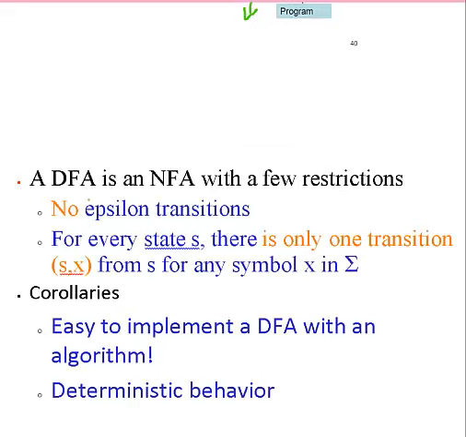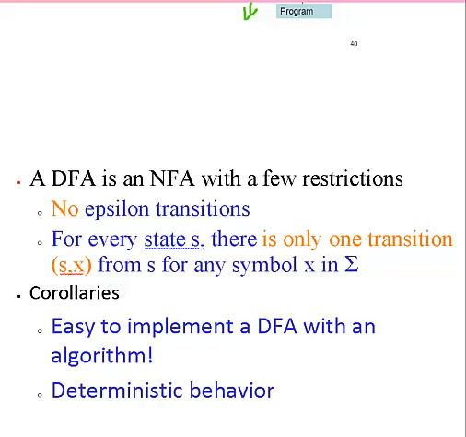A DFA actually is an NFA with a few restrictions. So the language the NFA represents, the DFA represents the same language, okay? In a DFA we have no epsilon transitions. This is the first thing. You must know these things from your theory of computation course, but if you don't, I'm giving you a little bit more. And for every state S, there is only one transition, okay?